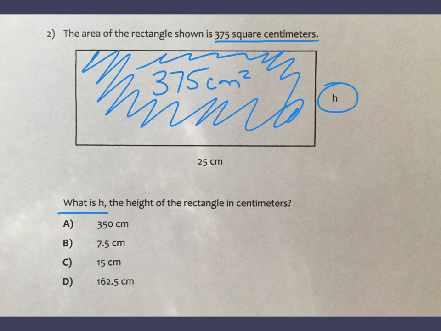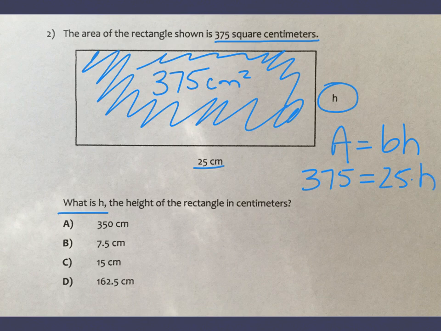So we know that the area of a rectangle is A equals BH, or the area is equal to the base times the height. We know the area is 375 square centimeters. So that's going to be equal to the base, which is 25, times the height, which we don't know right now. We have an equation.